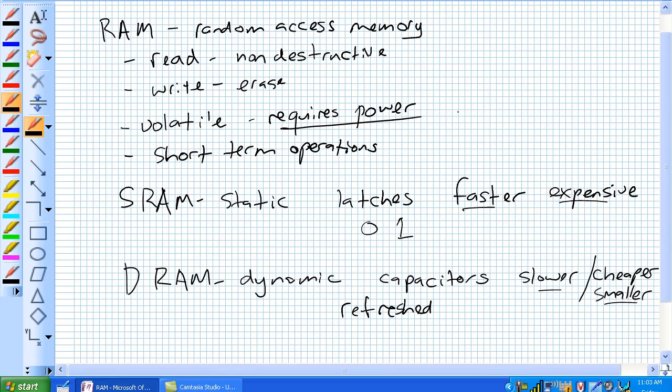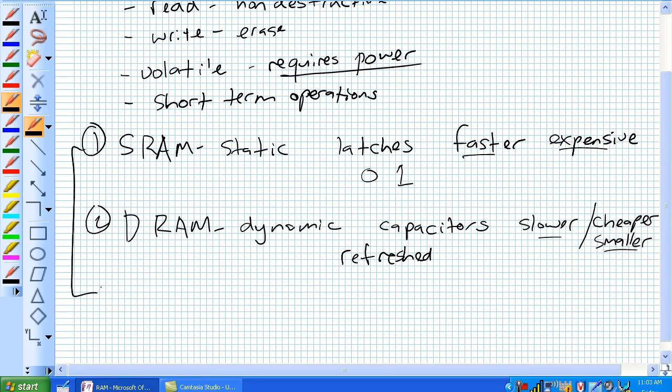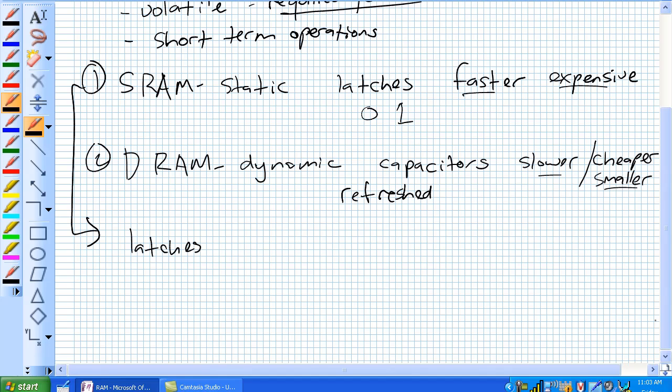Okay, so let's take each one of these individually, and since 1, 2, let's start with 1. So SRAM, static RAM. Okay, as we said, it's made up of latches, and those are individually inside a memory cell.